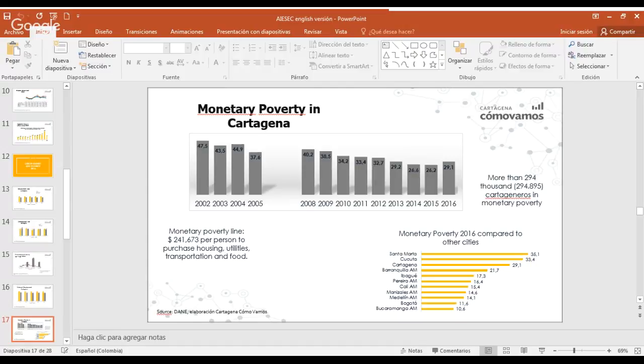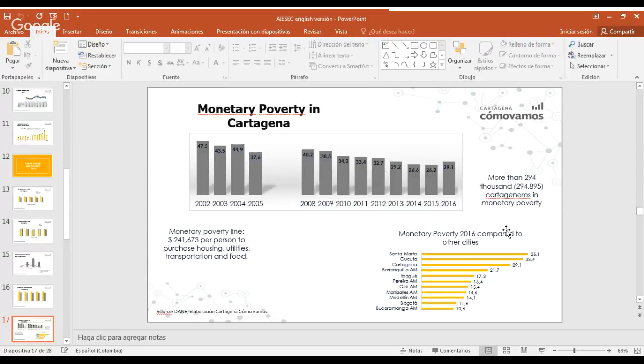And it was around 294,000 Cartageneros in poverty, in monetary poverty.